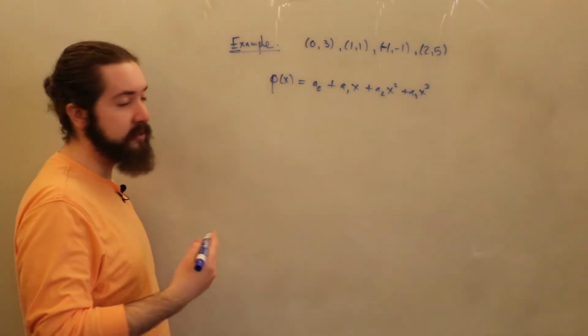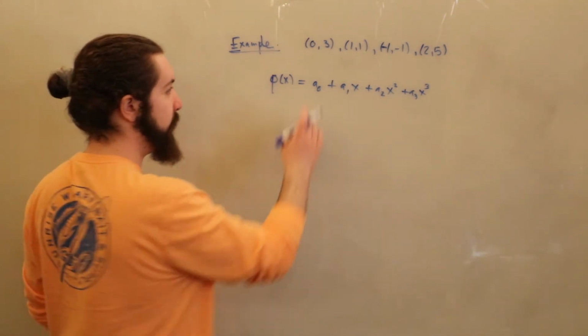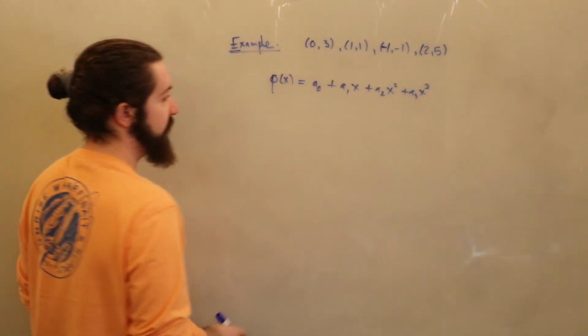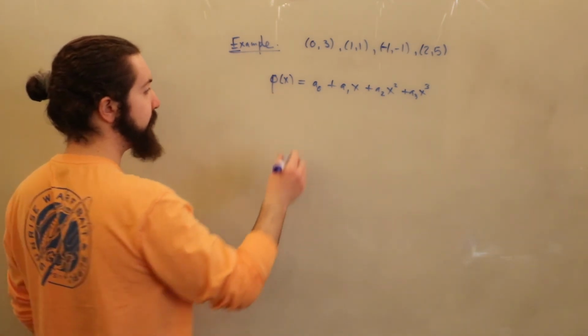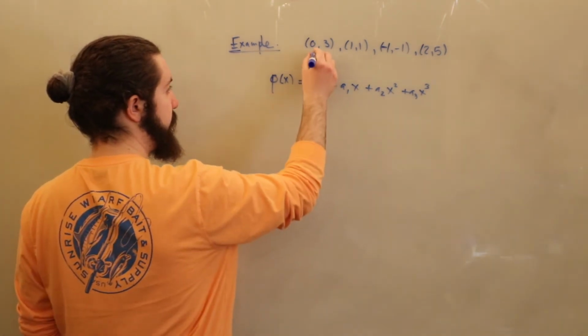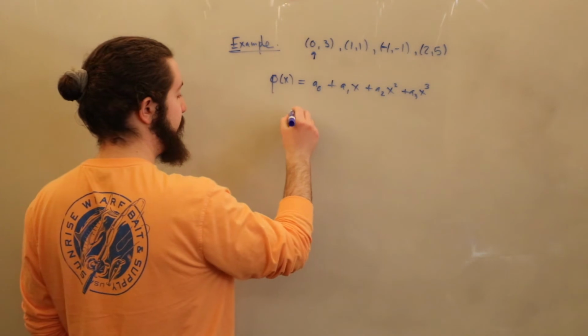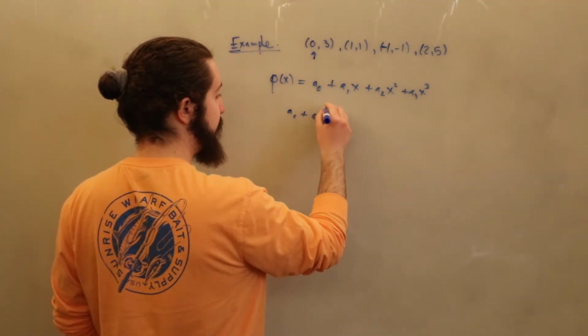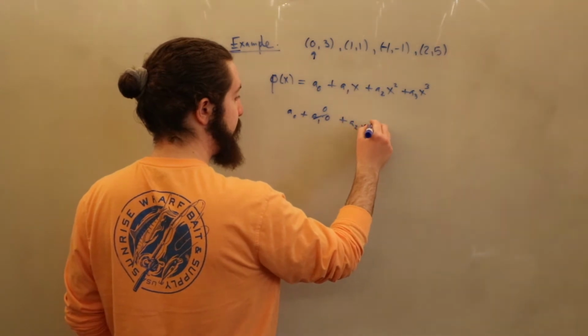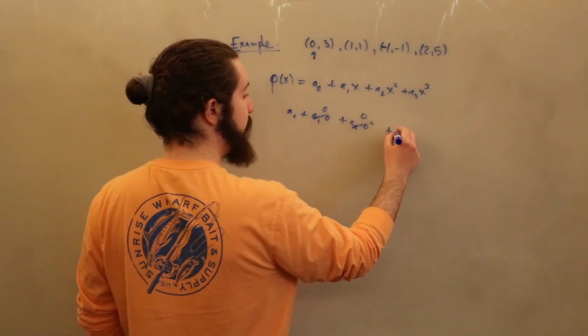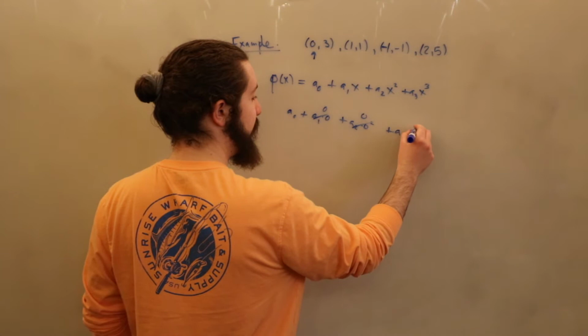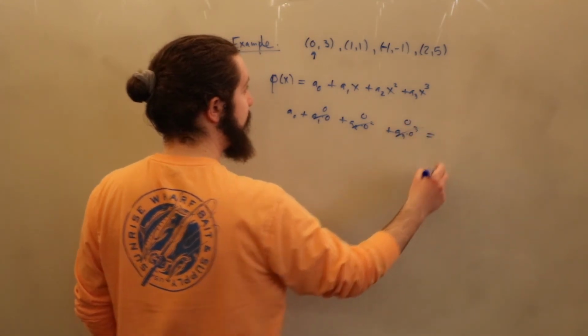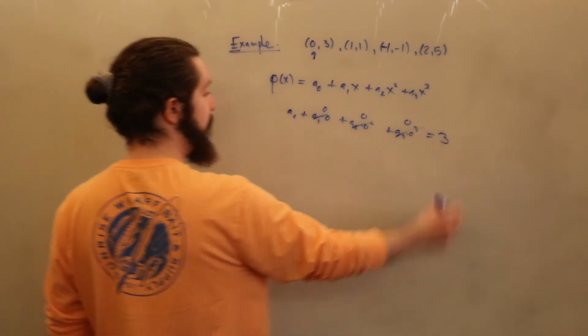All right, now let's form our system of linear equations by plugging in all 4 of these points into our equation here. So first, this point will have a0 plus a1 times 0, which is 0, plus a2 times 0 squared, which is 0, plus a3 times 0 cubed is still 0, is equal to 3.